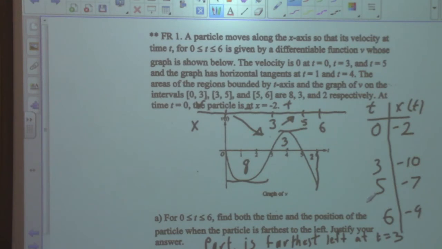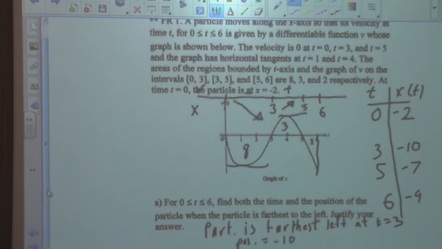Yeah, that's a harder one because you can see what it is. You can say, I can see why, I just don't know how to put that into words. You can say that there is a relative minimum at t equals 3, right?